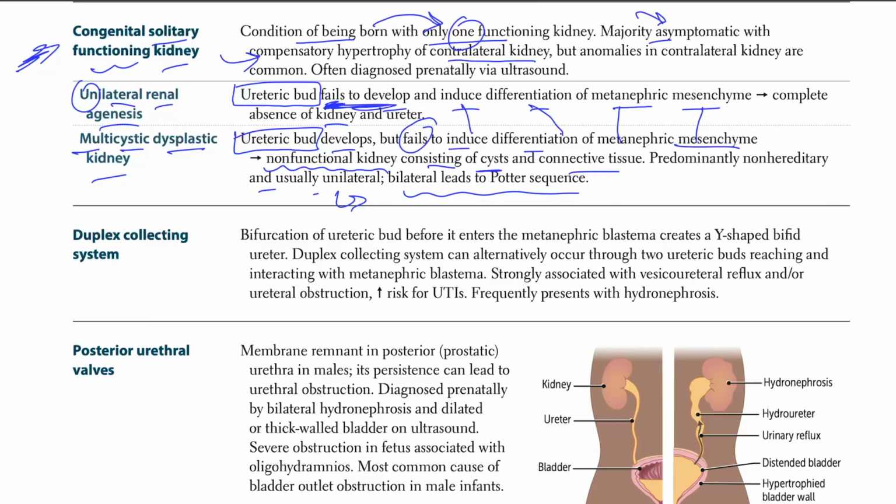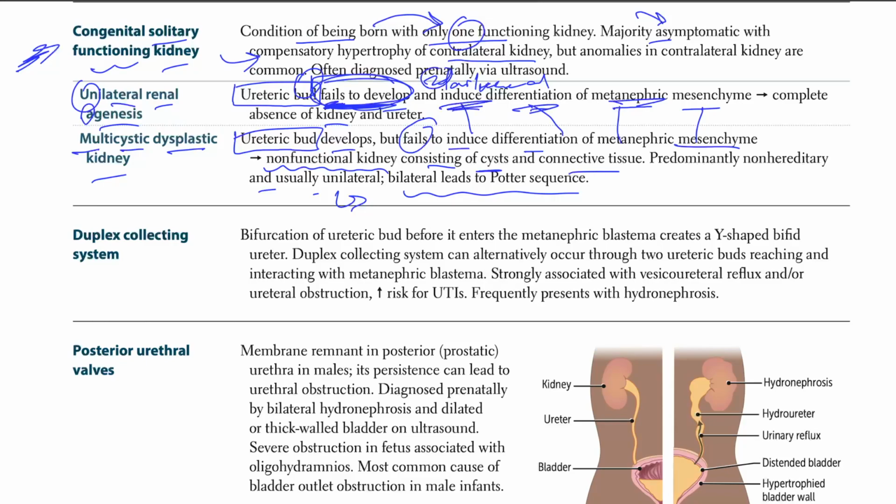So in here, what we are looking for is that in the first one, the unilateral renal agenesis, the ureteric bud fails to develop, that's one thing. And then there's the failure of induction of differentiation of metanephric mesenchyme, that's the second thing.